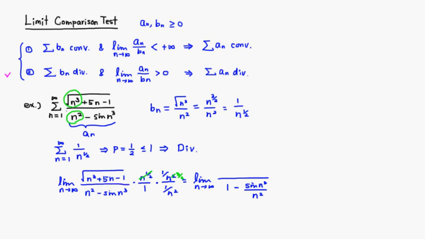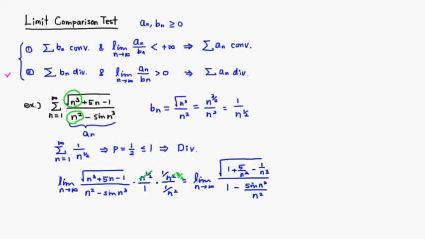So n cubed divided by n cubed gives you 1, and 5n divided by n cubed is 5 over n squared, since one of the n cancels out. And negative 1 divided by n cubed is negative 1 over n cubed.